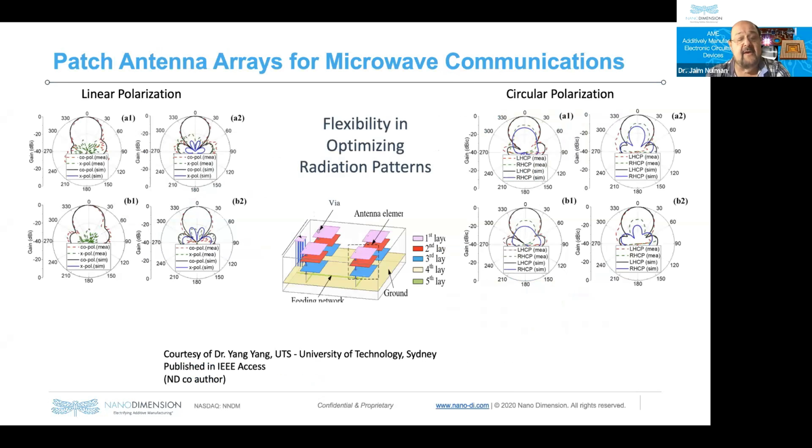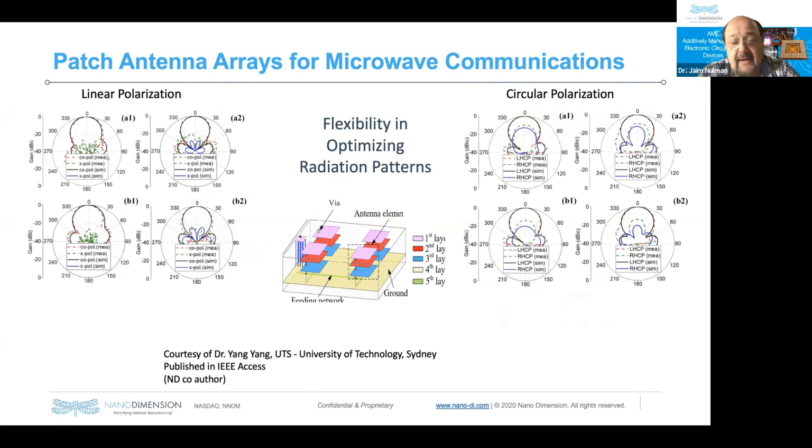Another example can be seen here on work being done by the University of Technology Sydney by Dr. Yang and his group, where they created a multi-layered patch antenna, in this particular case with 4 units, with 3 layers of metal and a single feed of signal. And they basically create the shape.